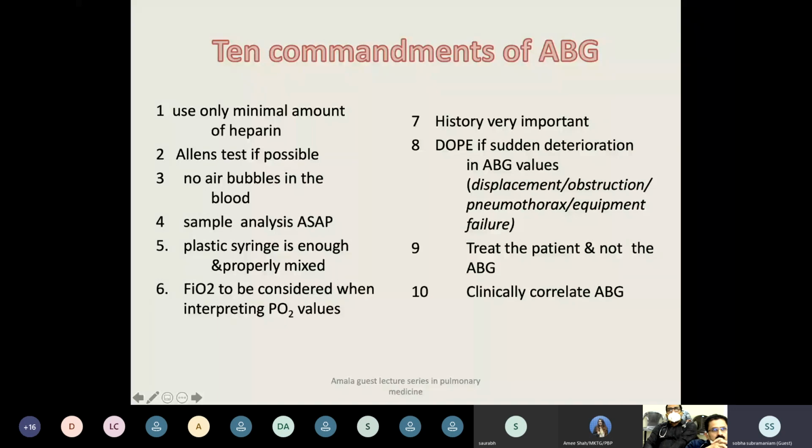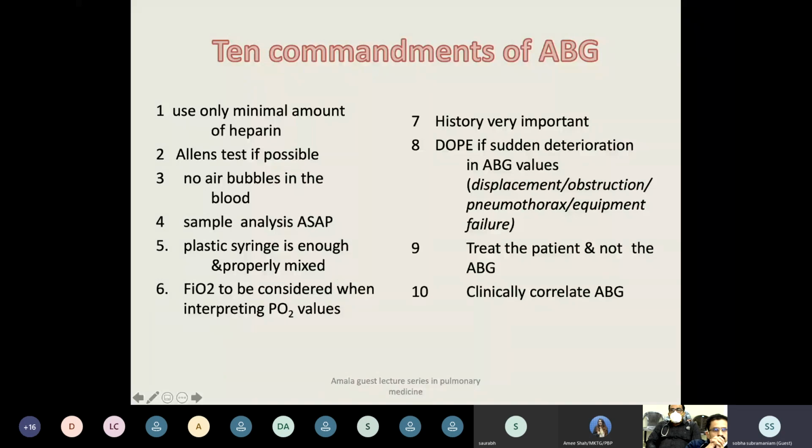Plastic syringe is enough. You don't go for glass syringes. It should be properly mixed, and we should always take into consideration the FiO2 when interpreting the PaO2 values. And history of the patient and ventilator settings are very important before you start analyzing the ABG.